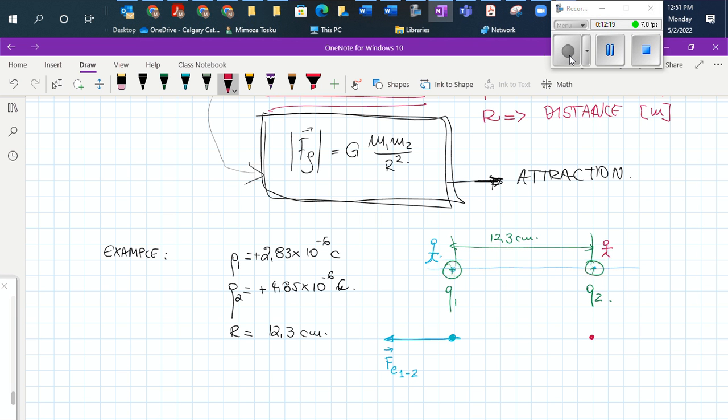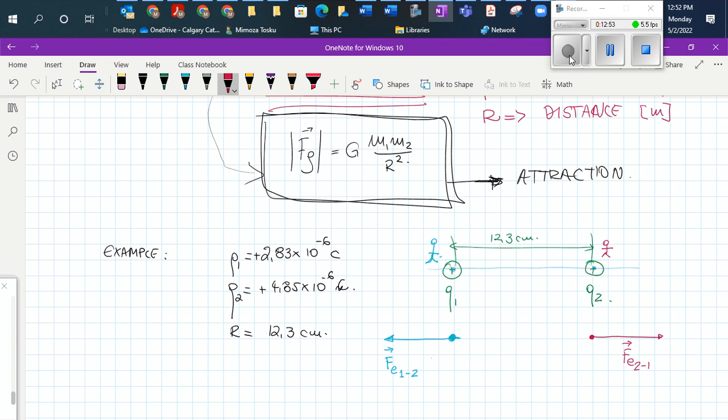Being the same nature charges, the force will be repulsion as well. So along the line that connects the two centers of the charges, you can draw a line identifying a repulsion, and this is the direction of the electrostatic force charge 2 is experiencing as a result of the presence of charge 1. Now, we very often do not say F21, F12.